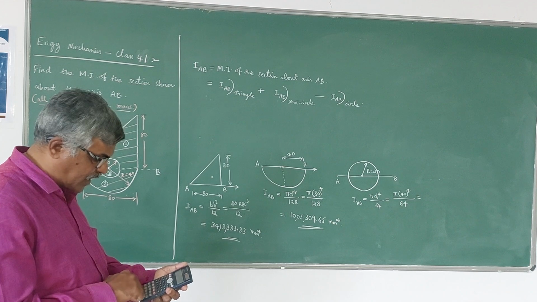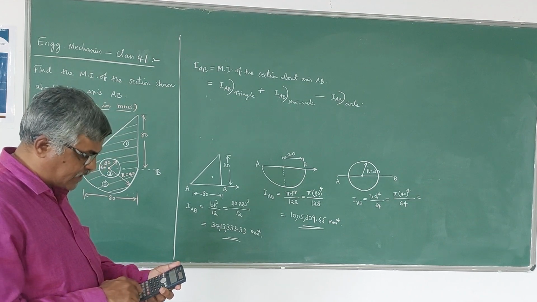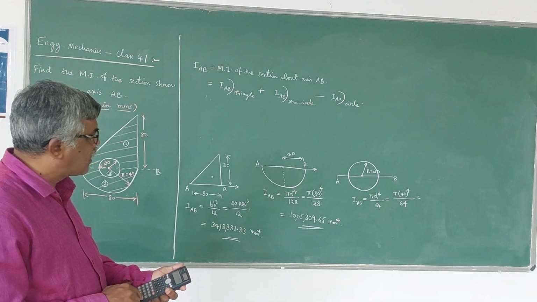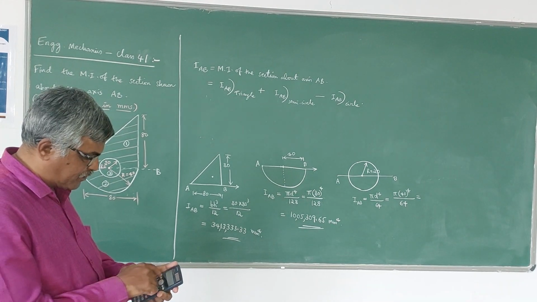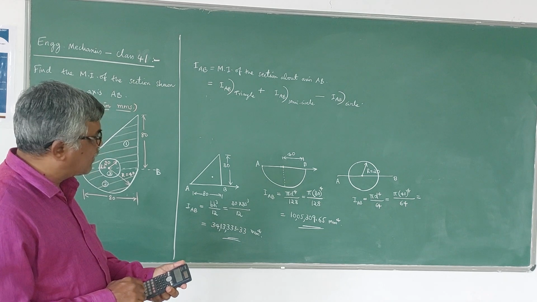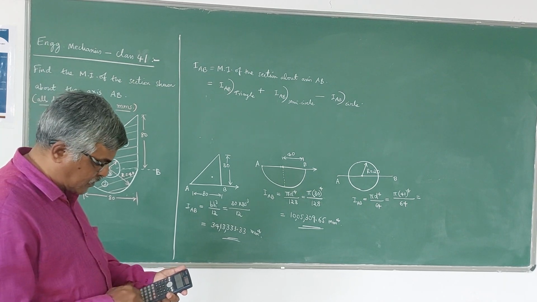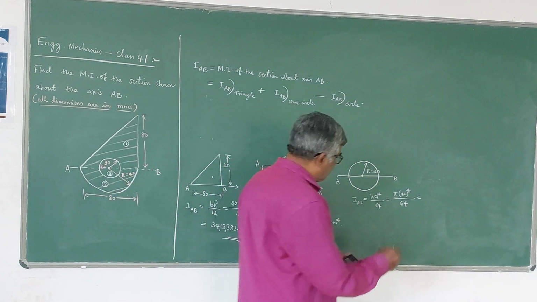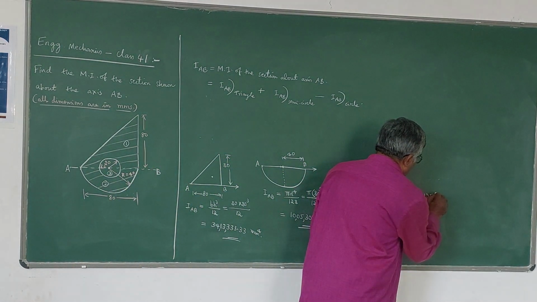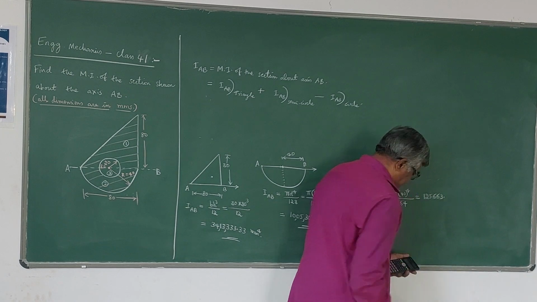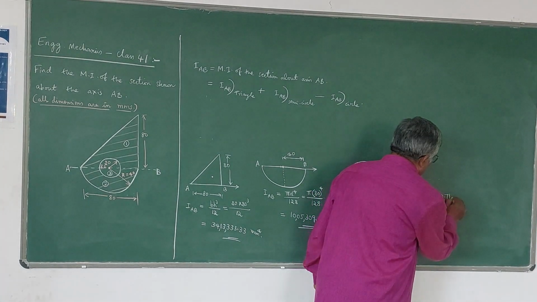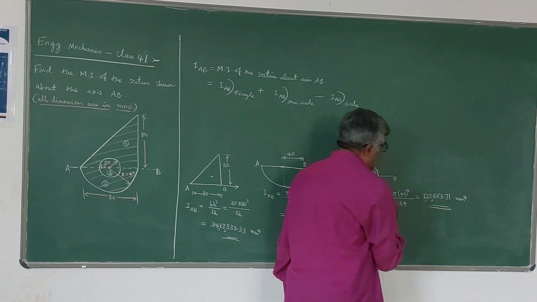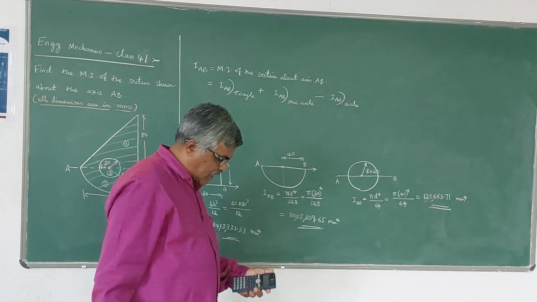If you simplify that, 40 to the power 4 into pi divided by 64 comes out to be 125663.71 millimeter power 4. This is the moment of inertia of the circle about the diagonal axis here.